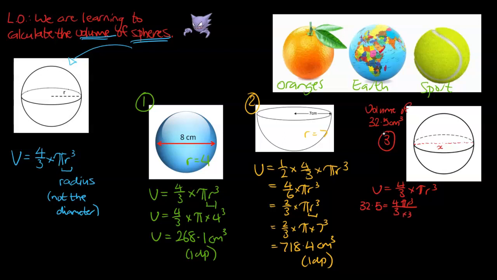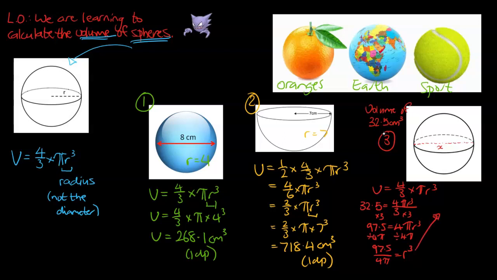So I'm now going to go times 3. 32.5 times 3 is 97.5, so 97.5 is equal to 4 pi r cubed. I'm then going to get rid of that 4 pi by dividing both sides by 4 pi. So there, 97.5 over 4 pi equals the radius cubed. I'm running out of working space, but hopefully you're carrying on down your page.